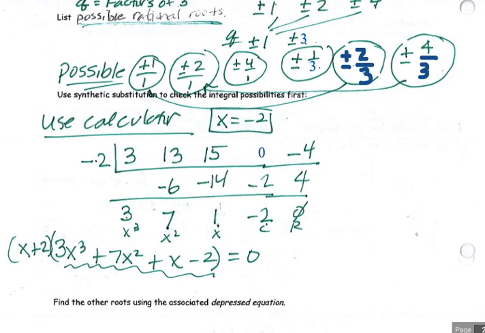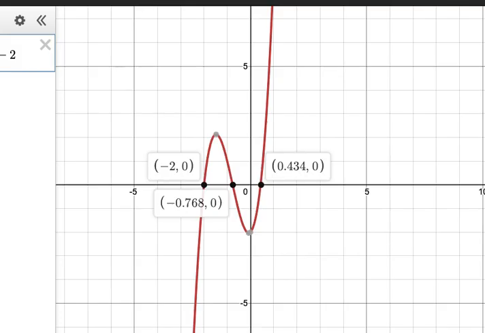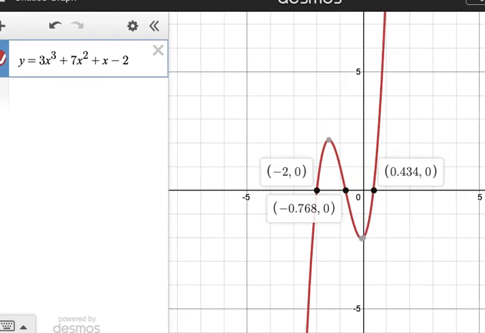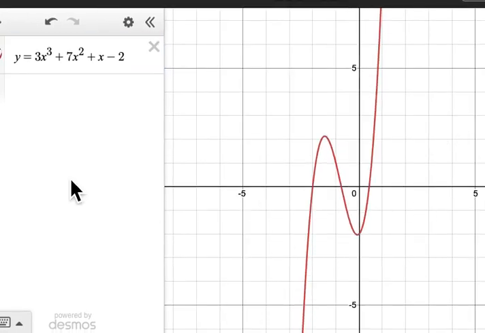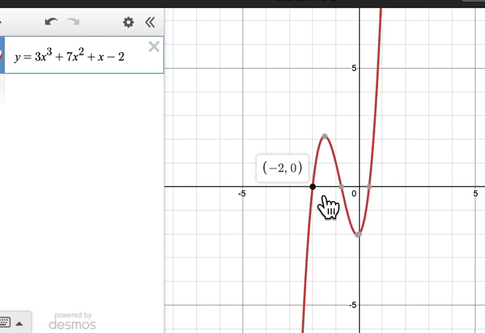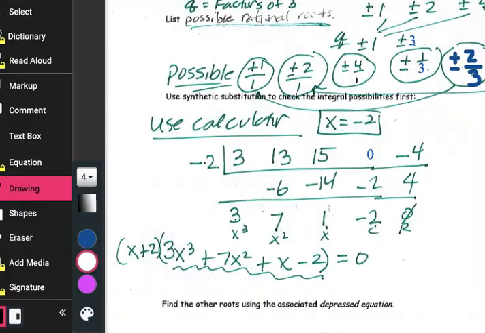I've gone ahead and put the cubic function into Desmos to see what the zeros of that function are. And I could see that -2 is a zero of this equation too. The other two zeros don't look like they're rational, but we'll find out what those are in a second.